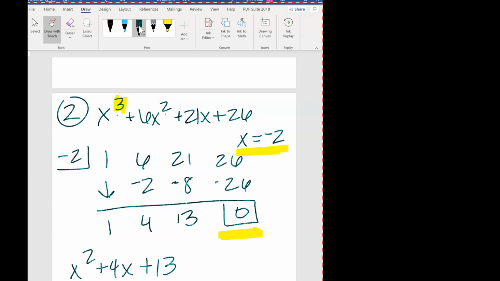You can look at this one and see if you can factor it, but 13 is prime, so it's not factorable. Okay, so I'm going to do the quadratic formula. We do opposite of b plus or minus the square root of b squared minus 4 times a times c all over 2 times a.